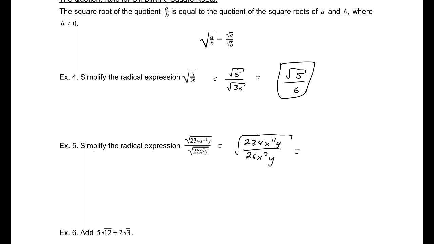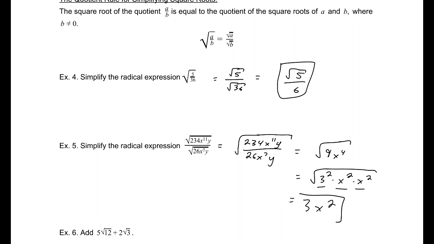Now if we divide that, we get the square root of 9x to the 4th, and our y's cancel, which is 3 squared, x squared, x squared. So this is 3, and then we get x times x, so 3x squared.